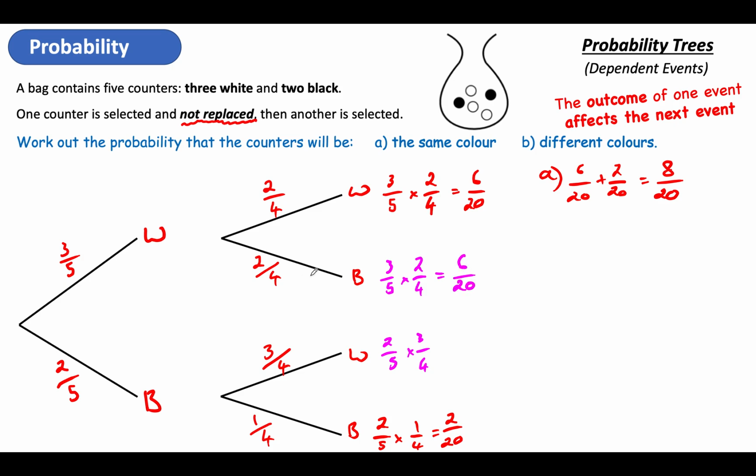So that's the probability of that outcome. And the probability of this outcome is 6/20. And so I need both those particular options, because they both end up with the person having different coloured counters. So we add the 2 fractions together. 6/20 and 6/20 makes 12/20. Yeah, well done if you got that one.